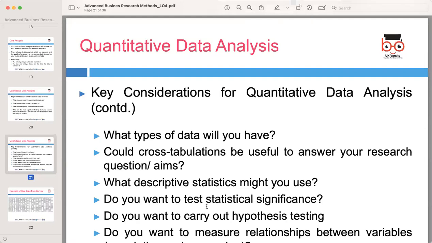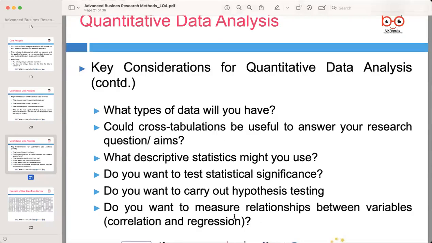So do you want to test statistical significance? Do you want to carry out hypothesis testing? Do you want to measure relationships between variables, correlations and regression? Determining statistical significance involves assessing whether the observed differences or relationships in your data are likely to be genuine and not due to random chance.